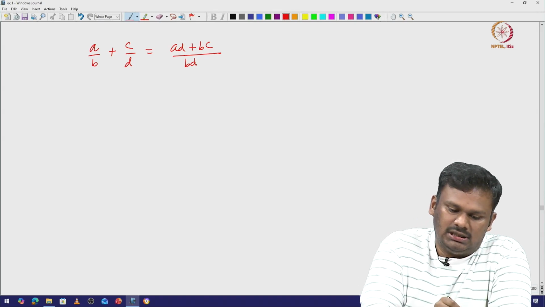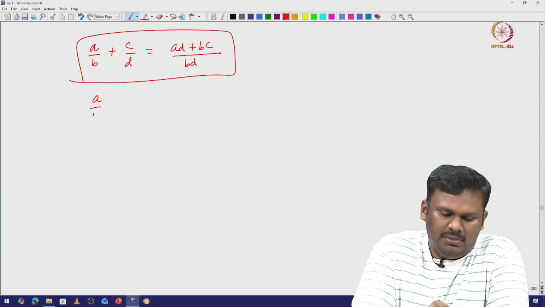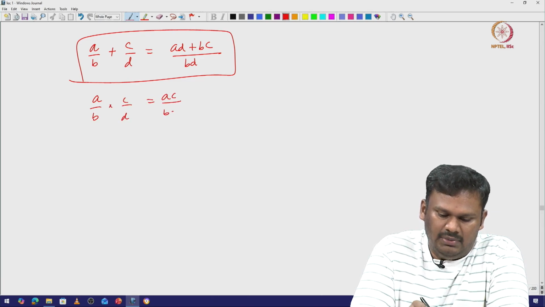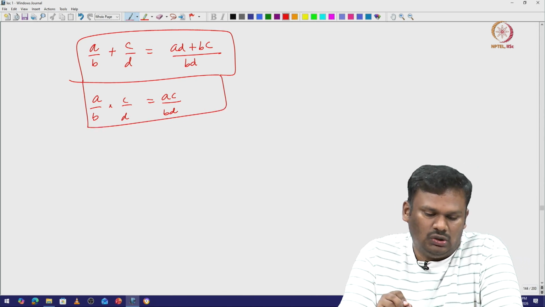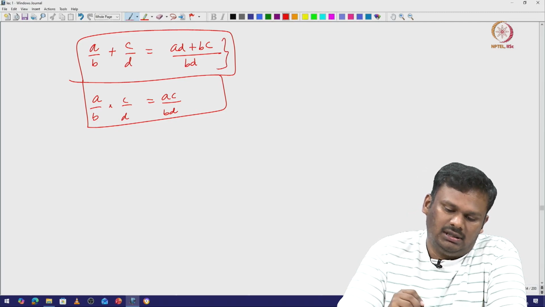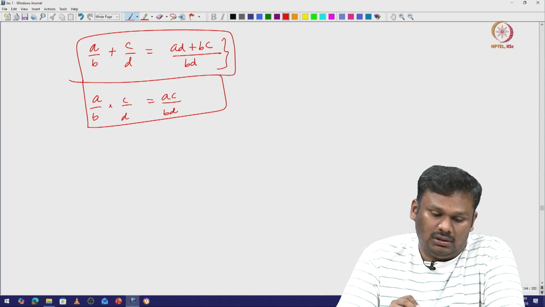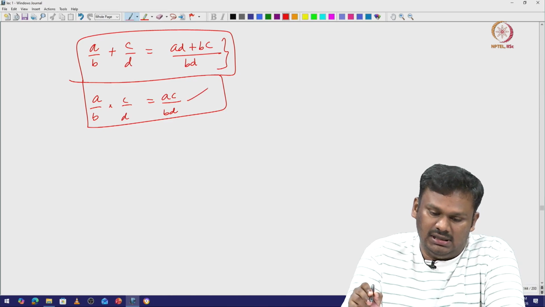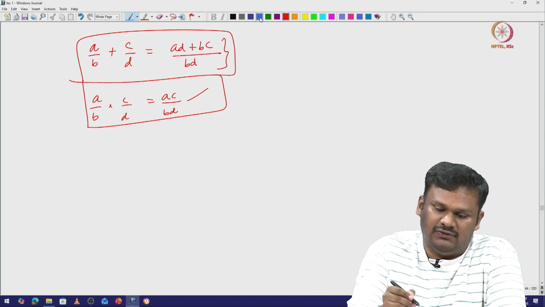Similarly, A by B times C by D should look like AC divided by BD. In integers, the addition was easy to define and the multiplication was a little bit complicated, but here the addition is a bit complicated because we are working with rationals, and multiplication is somewhat easy. This motivates us to define the addition as follows.